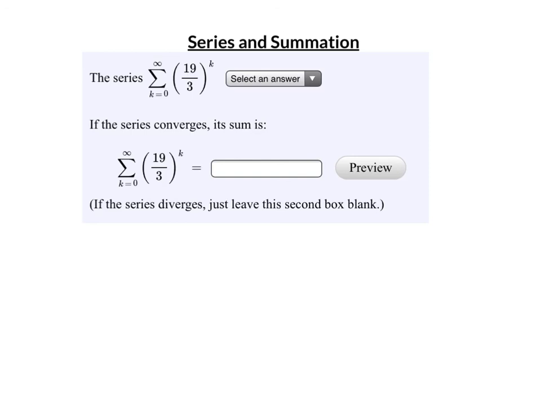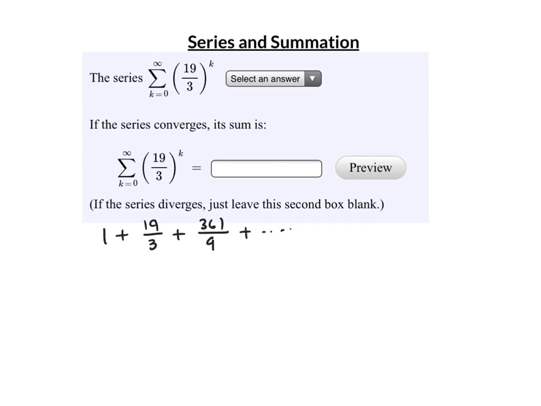Another example, if I plug in 0, anything to the 0th power is 1. When I plug in 1, I get 19/3. When I plug in 2, 19/3 squared, it's 361 divided by 9.